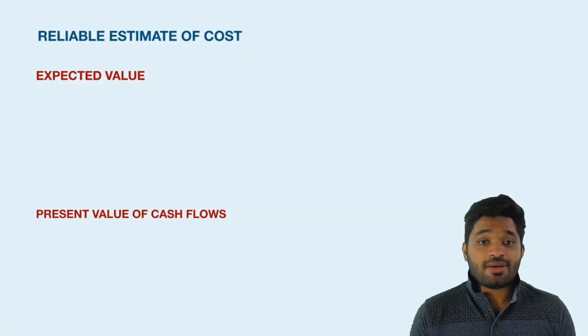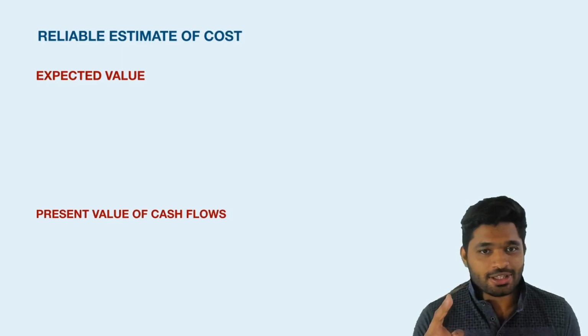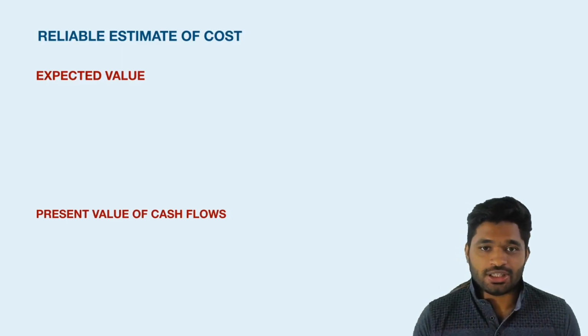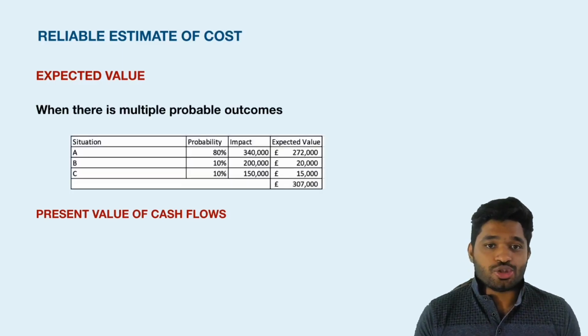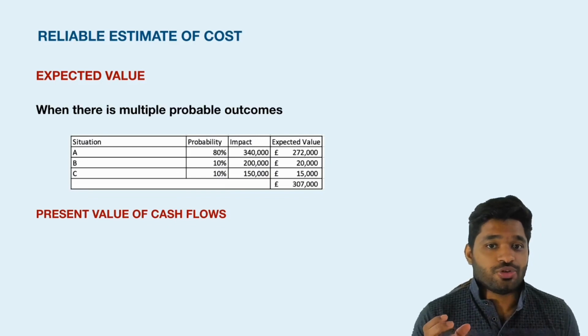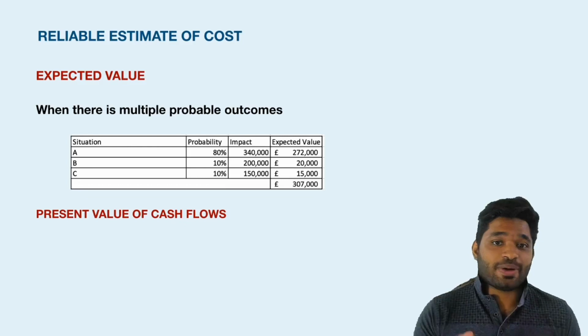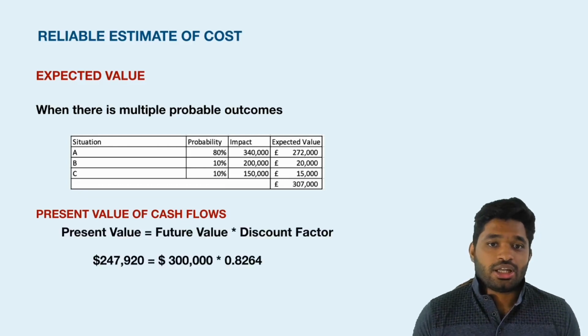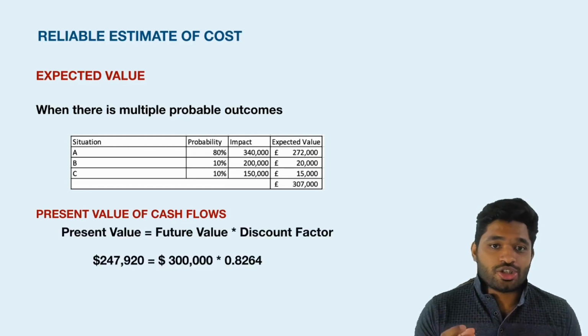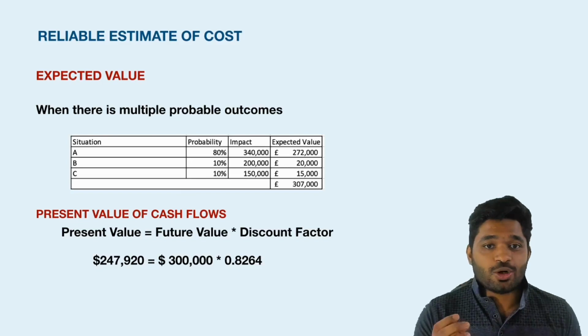To arrive at a reliable estimate of cost, we have two methods. One is the expected value method, and the second one is the present value of future cash flows. The expected value method is used when there are multiple outcomes from the occurrence of future events. We look at the expected value of these events and then we value our provision at its expected value. Then the present value method is used when there is only one most likely outcome from the future events.